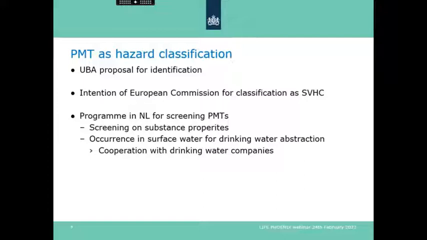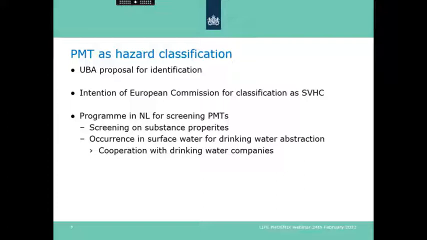In the Netherlands, we are busy with PMTs as well. So we actually do a kind of screening program where we do a lot of QSAR modeling and try to pick out PMT substances from large databases and compare that with substances that occur in surface water that is meant for drinking water extraction.